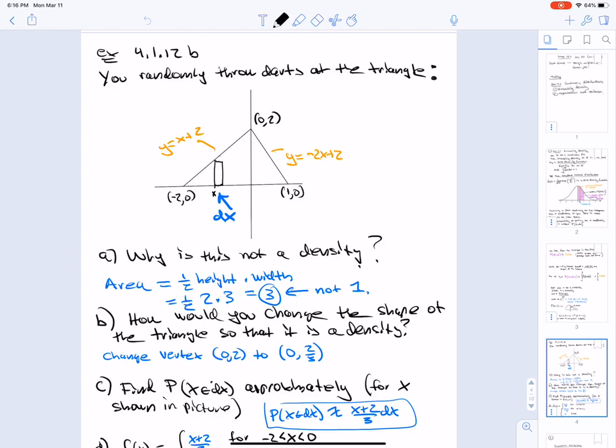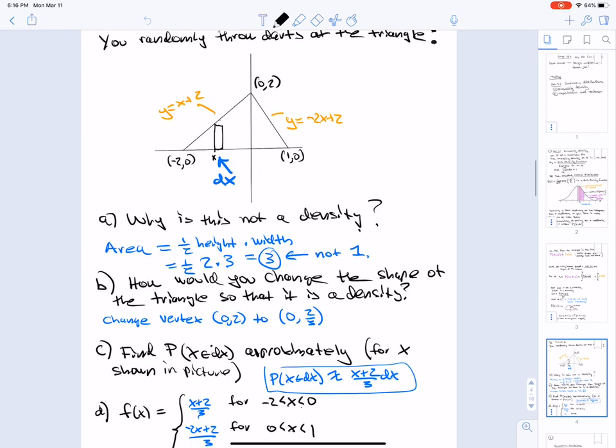What will change is the height. The height of this triangle you can lower by a factor of 1/3 so that the area will be 1. So we'll change that vertex from (0,2) to (0, 2/3).